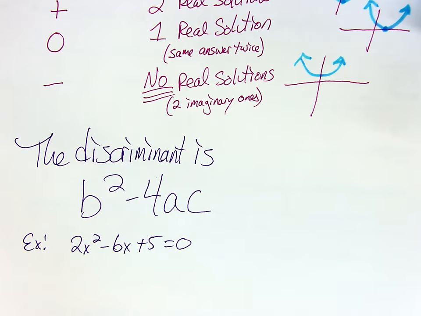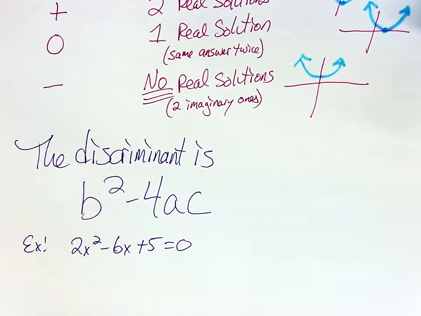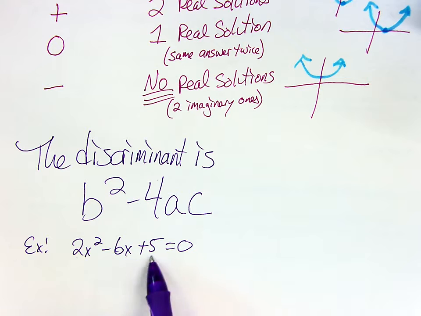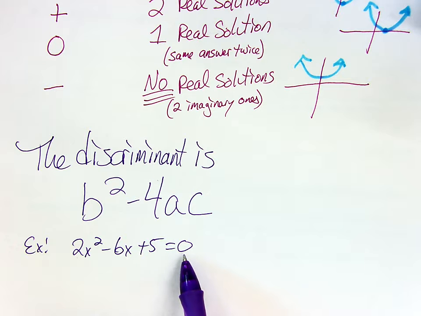If I need to combine any like terms, make sure that it's a, then b, then c. A is always the coefficient of the x squared, b is always the coefficient of the x term, and then c is the constant by itself. So just put them in order. If they're out of order, rearrange them. If something's over on the other side, you move it back here because you want the whole thing to equal 0.